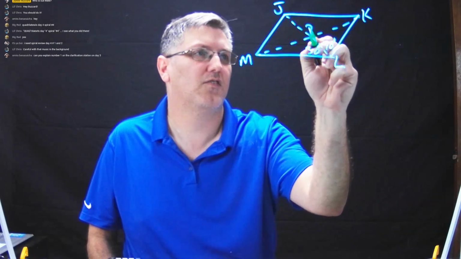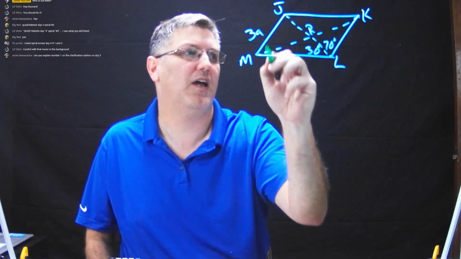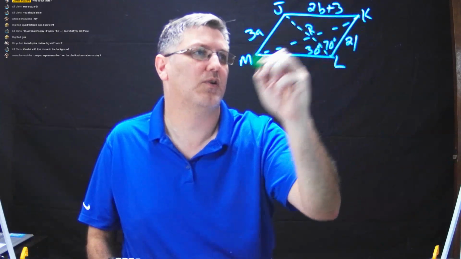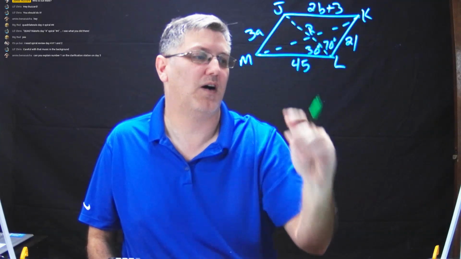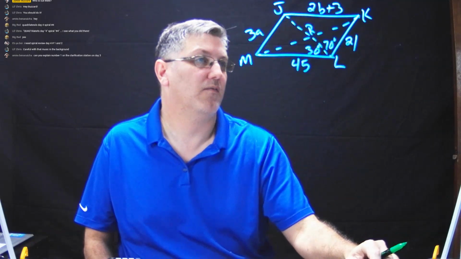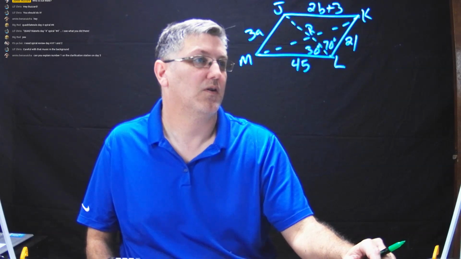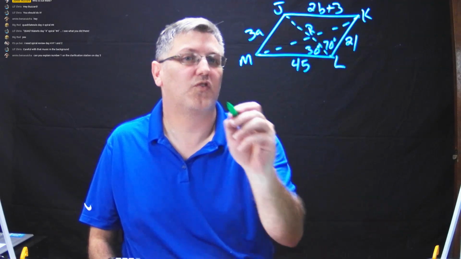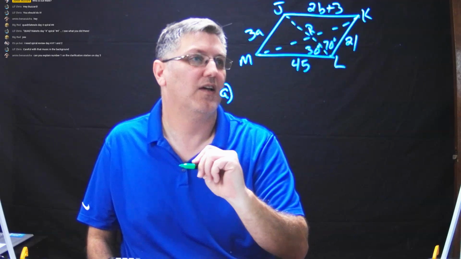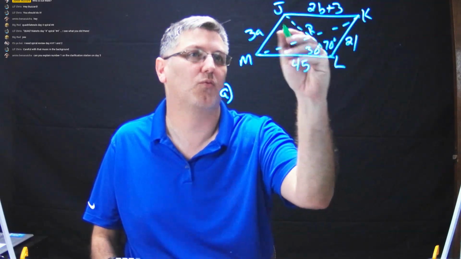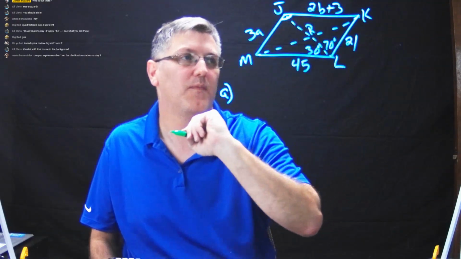And then this is R, 3A, 21, 2B plus 3, and 45. On A, it says find the angle of MJK. So we're looking for this angle right here.